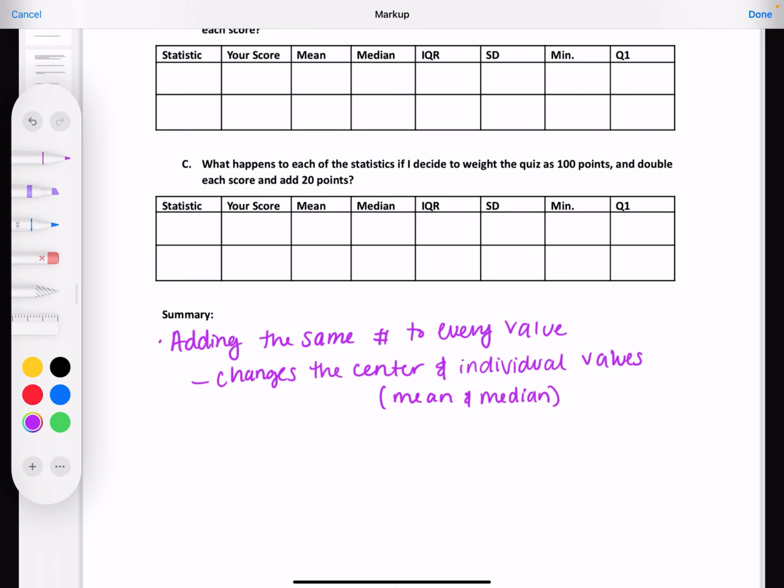But like we talked about, because it's changing everything by just adding 10, your IQR and your standard deviation aren't changing. So while the center changes, the spread does not change. It doesn't change the spread, which is your IQR and standard deviation. I think they have those written backwards for what they go with in the previous one.